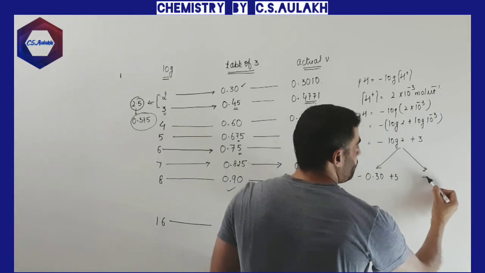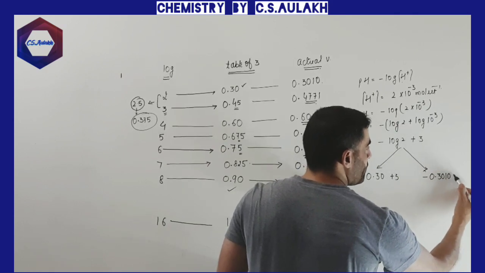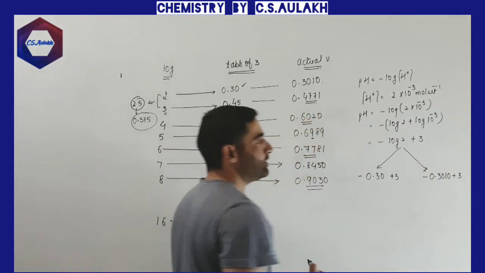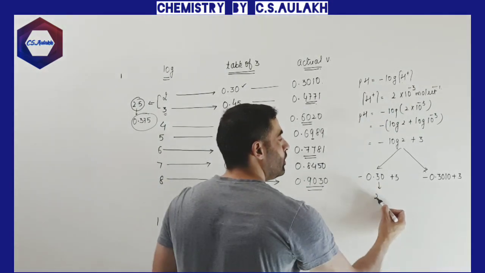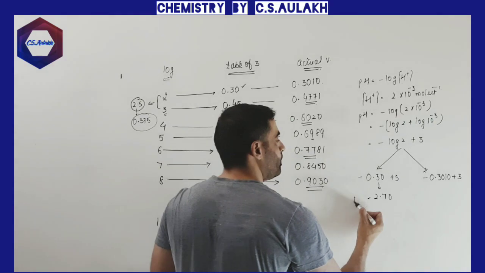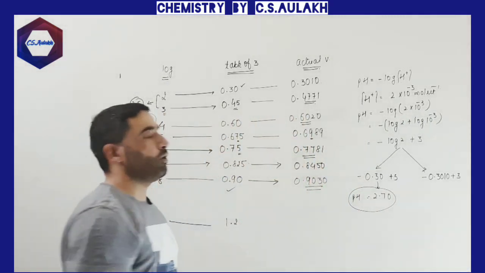On the other side, if we are using the actual value, which is 0.3010, what is the difference in the answer? On this side, the answer will come out 2.70. So pH is 2.7 if we are using the logically created log table.